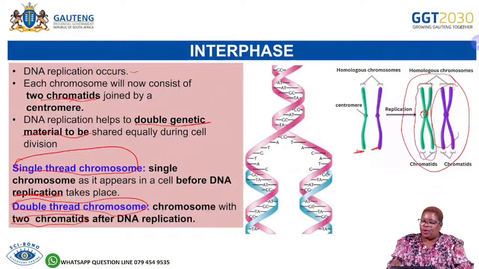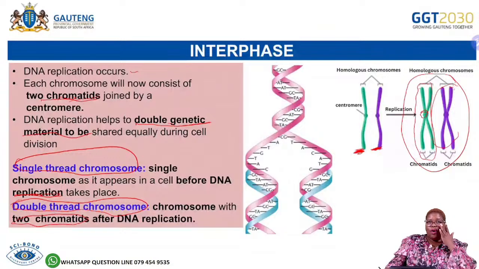This is an example. Before replication, you talk about a single thread chromosome. That is before replication. When DNA replication takes place, the result we're going to have is a double thread chromosome, a chromosome with two chromatids. Remember, a chromosome with two chromatids joined together by a centromere.